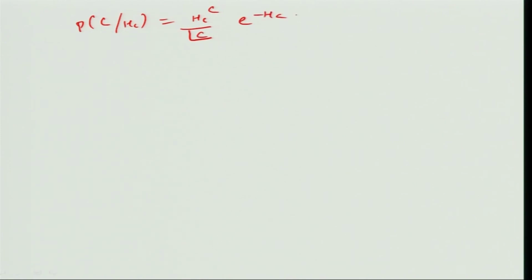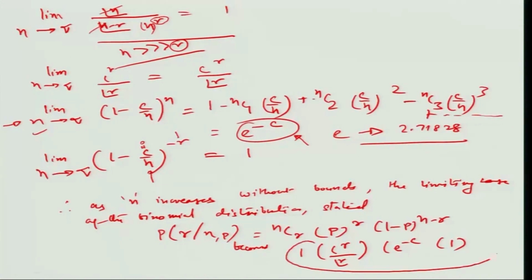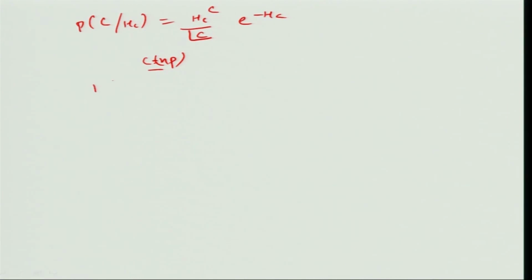Okay. So, this is nothing but initially saying that c can be recorded as np in the expression given earlier here, and certainly this can be changed to 1 times (np) to the power of r by factorial r, e to the power of minus np.